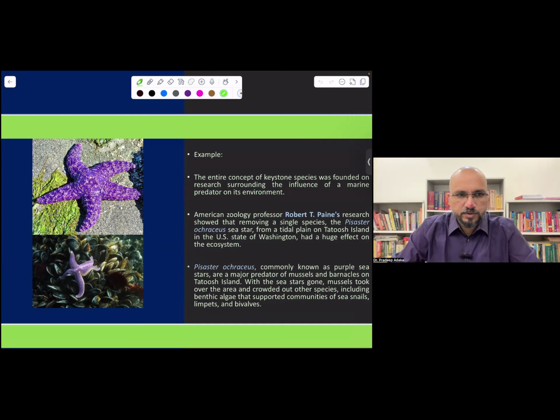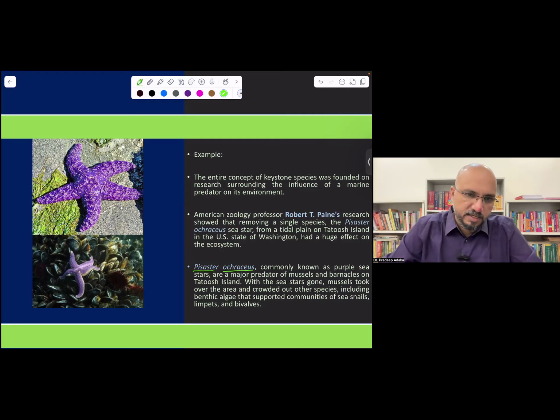All right, the picture that you are looking at on the left side of the slide is your purple sea star, blue sea star, or purple sea star. Its scientific name is Pisaster ochraceus.